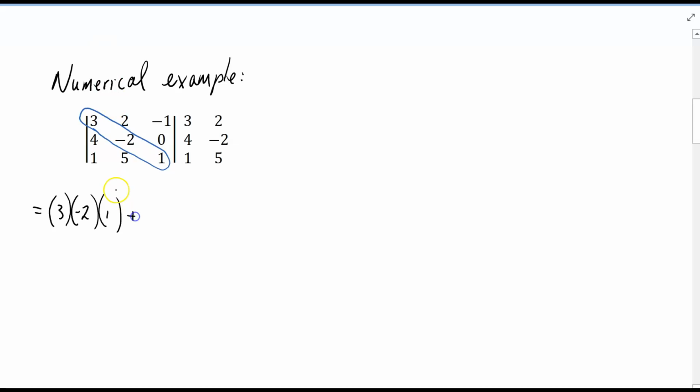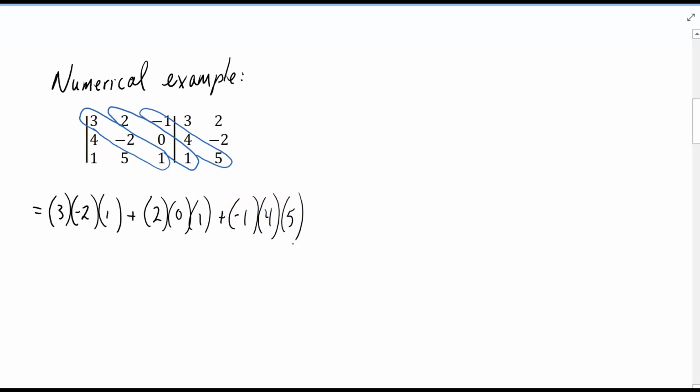And we will add to it the next principal diagonal, which is 2 times 0 times 1. You really have to watch your signs with this. The third principal diagonal is minus 1 times 4 times 5.